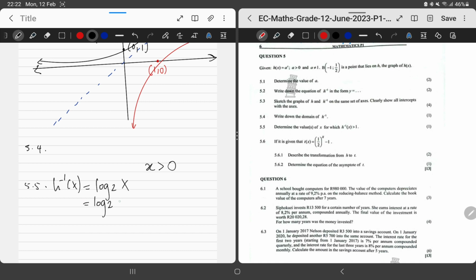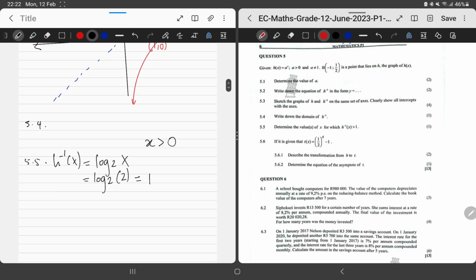Now, if I have log 2 there and a 2 there, when I substitute the value of x as equal to 2, I'm going to get the inverse to be equal to 1. So I want it to be greater than 1. This means that my value of x should be greater than 2. Because if I substitute 2.1 there, I am getting 1.07. So my x value should be greater than 2.